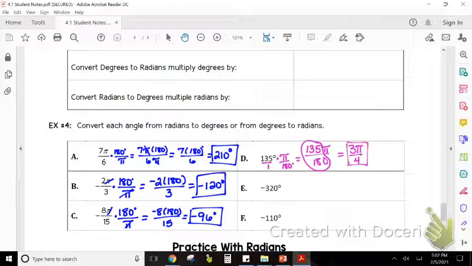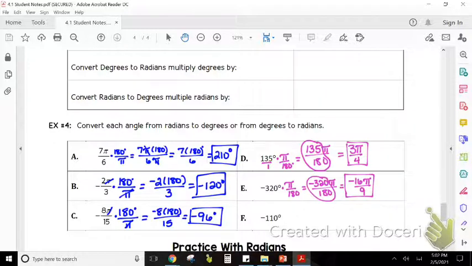Okay, negative 320 degrees. Let's do the same thing. We're going to take it to radians and multiply by pi over 180. So we get negative 320 pi over 180. Reduce your fraction. Negative 320 over 180 is negative 16/9. So it's negative 16 pi over 9.